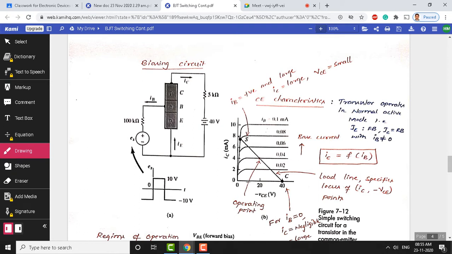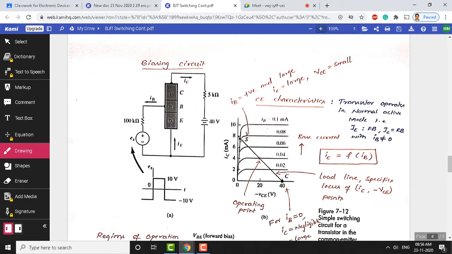This is called the output characteristics of a BJT, plotted for different values of base current. For base current 0, the collector emitter voltage is going to be 40 volts, and as you keep increasing the base current, the collector emitter voltage keeps dropping. At 0.08 milliampere of base current, the collector emitter voltage is approximately equal to 0. So the device gets saturated.